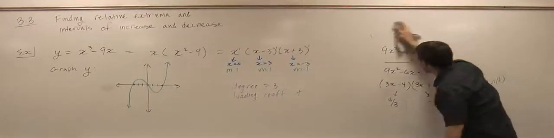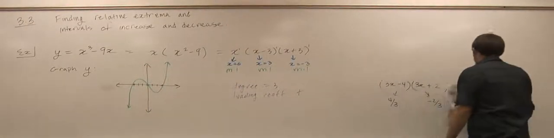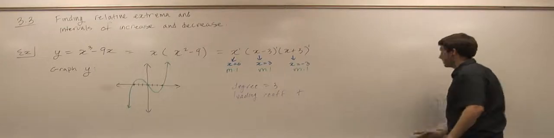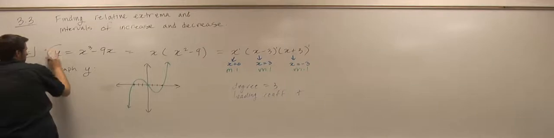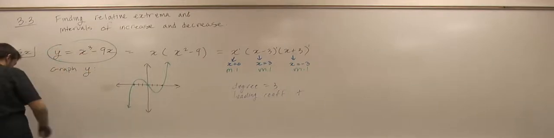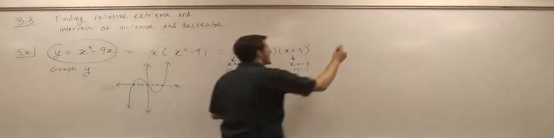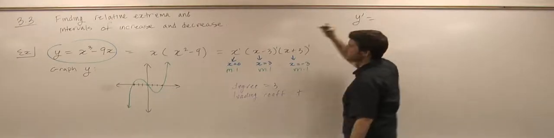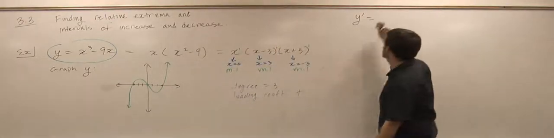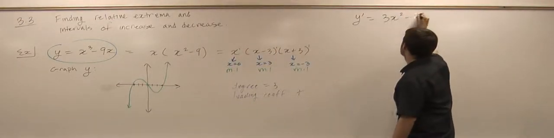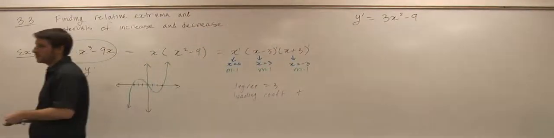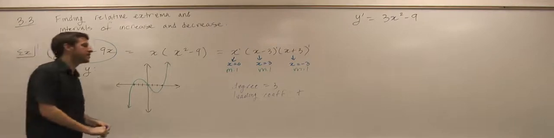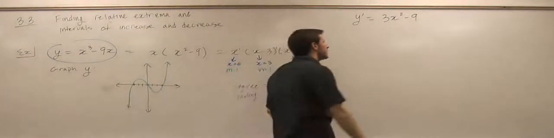Let's talk about what we know, what we recently learned. What's the derivative of y? 3x squared minus 9. So y prime is equal to 3x squared minus 9. And I can find critical numbers. Right? We talked about critical numbers last time, where the derivative is 0 or undefined.